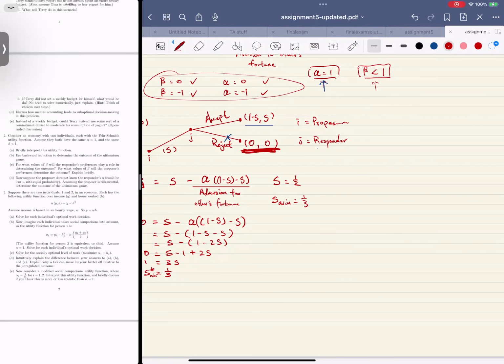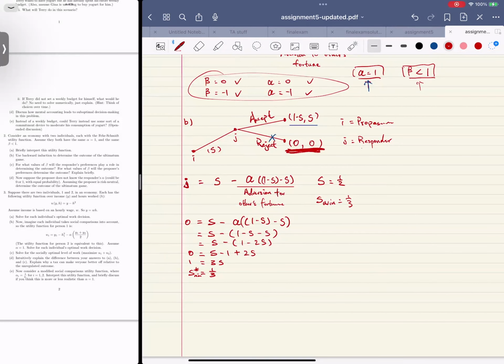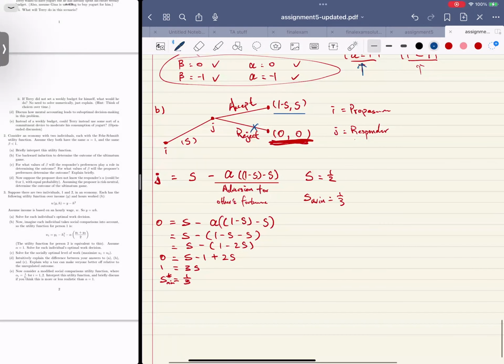Now let's try to find our beta. What is the amount of beta at which we will give 1/3? And what is the amount of beta at which we will give 1/2 in terms of I? That's just J, and now we have I. I is the proposer.